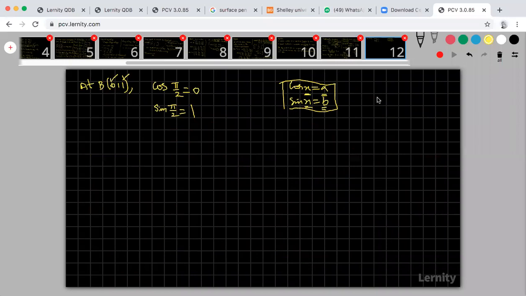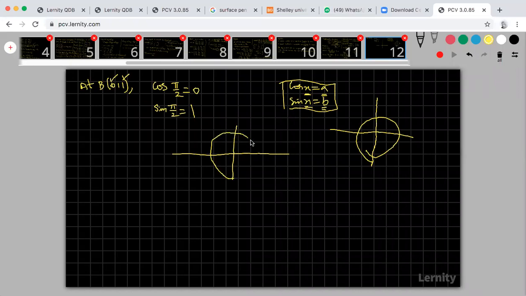In a circle, this is a unit circle. I'm sorry, I will draw another circle here. If you take any point P, the x coordinate is A, the y coordinate is B. But what is your cos x?